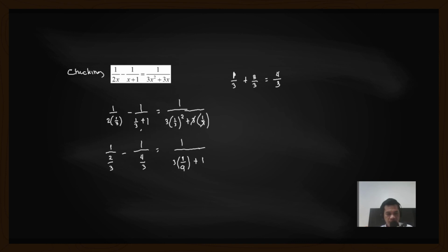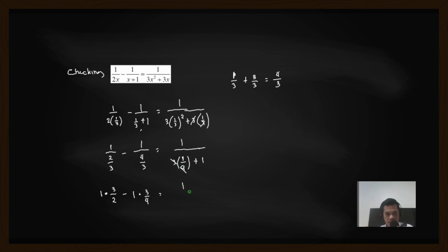And then, simplify this one. Sige, pakita natin step by step talaga. 1, change the operation to multiplication, and the reciprocal of this is 3 over 2 minus 1 times 3 over 4 is equal to, and then cancel.